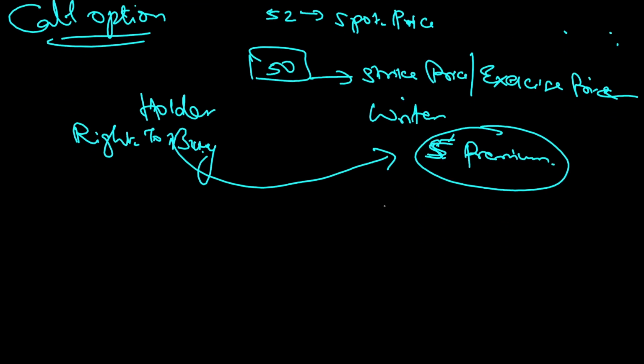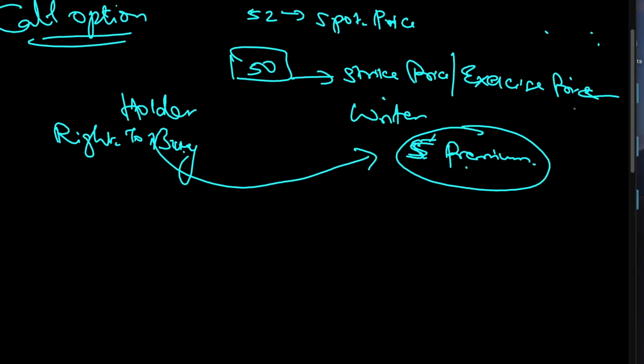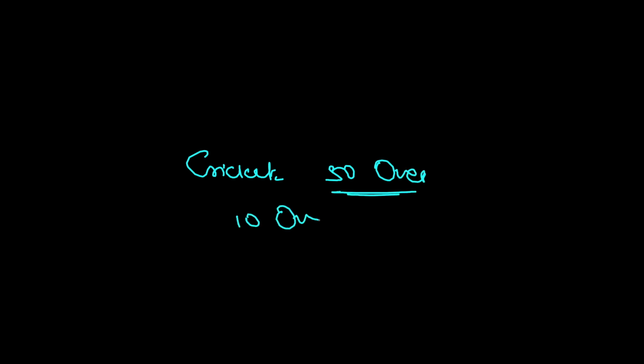Before I explain this premium, let me give you one analogy. Say for example you are watching cricket, and it is a 50 over cricket match. 10 overs are already done.